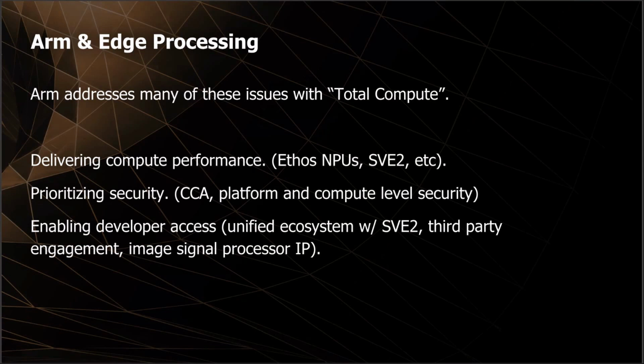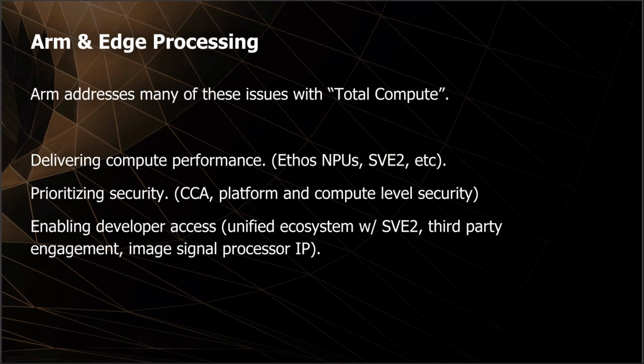Right now it feels a bit like stories from the 80s in the computing world for AI. It's fragmented. For each system you might have to write custom code just to have your AI or computer vision algorithms working on a device. But with SVE2, we see a more unified ecosystem where one code base is deployable on a whole wide range of devices and endpoints. And then, of course, security.